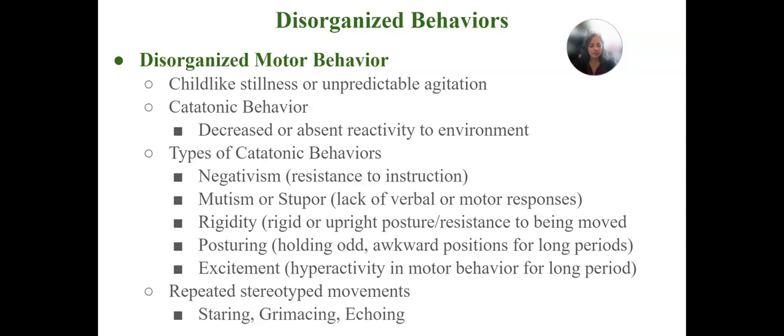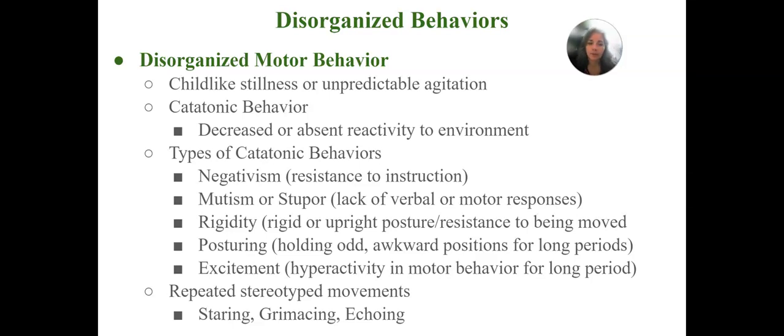So there's different types of catatonic behaviors. Again, an individual can be impacted by one or more of these. Negativism is when there's absolute negative understanding or zero understanding. So they don't take instruction.